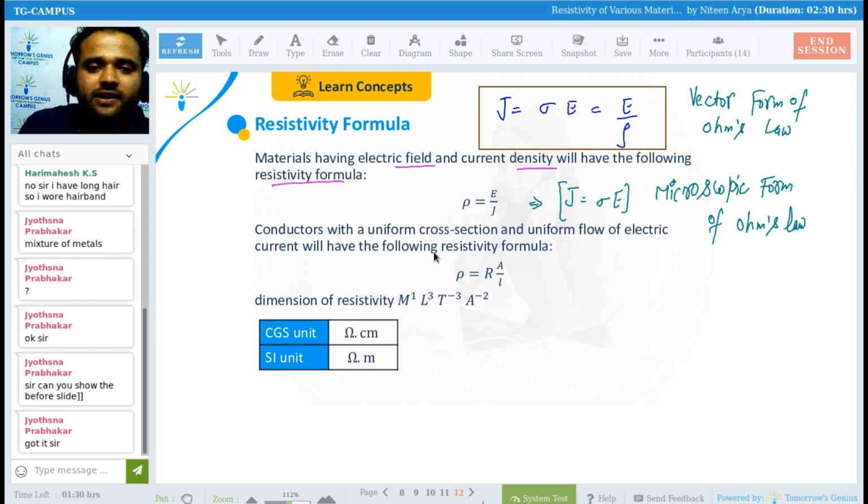Okay, this relation we also covered. So these are just the formulas directly.